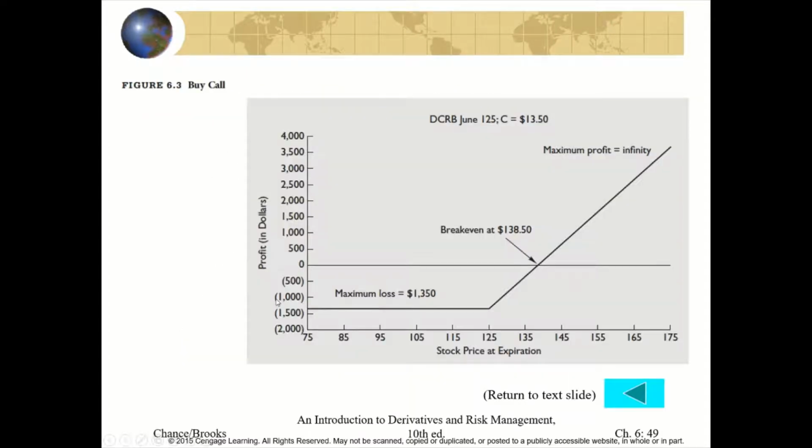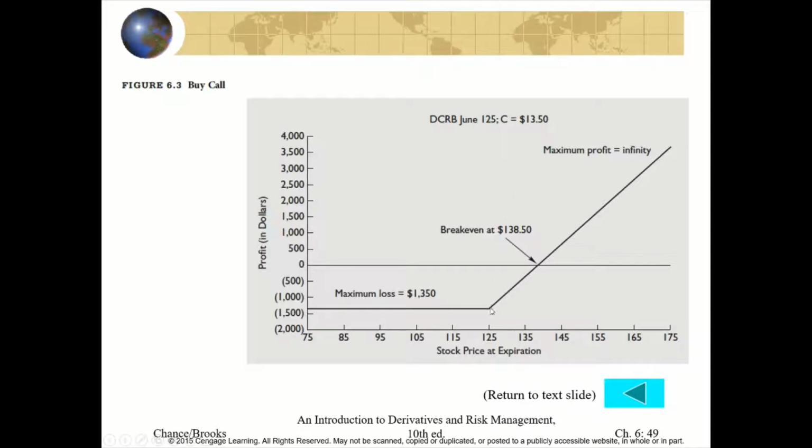If you want to revisit how the profit diagram looks like for a call option, here we're looking at a call option on DCRB stock that will expire in June with a strike price of 125, and that has a cost of 13.5, so the premium is 13.5.